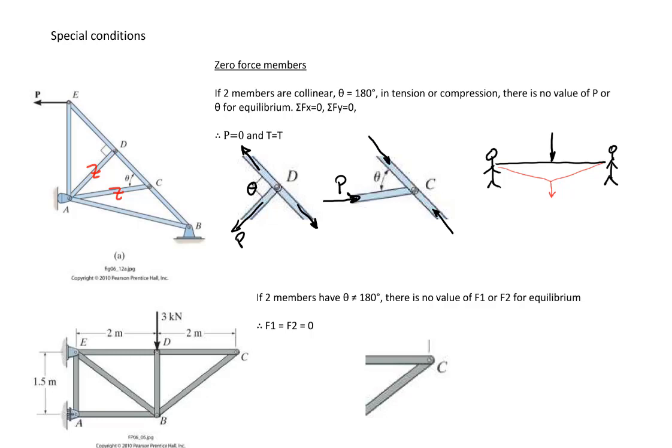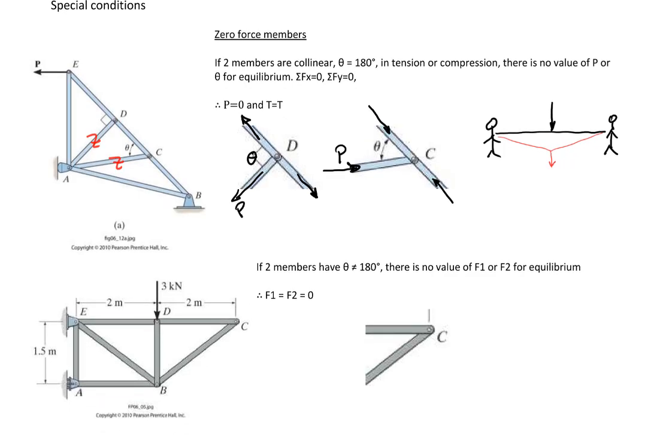The other condition for zero force members is if they are not 180 degrees apart and there are no forces attached. For example, out here I have this one going this way and this one going this way. Clearly they are separated by an angle that is not equal to 180 degrees. If I draw the free body diagram of that situation, and let's just say that there's a force going this way and a force going this way, imagine how this could possibly be in equilibrium.